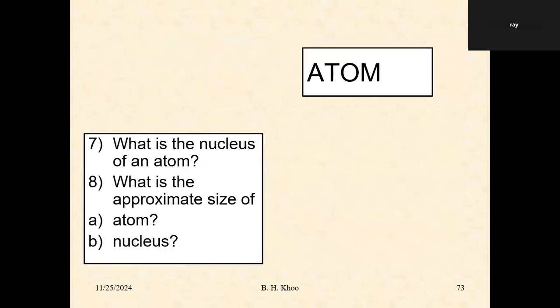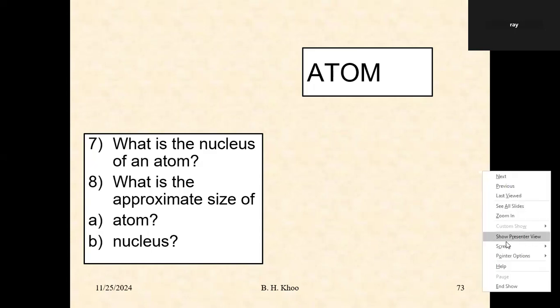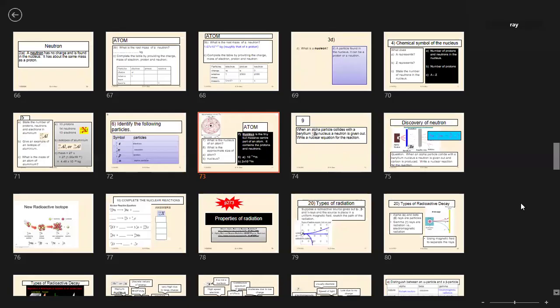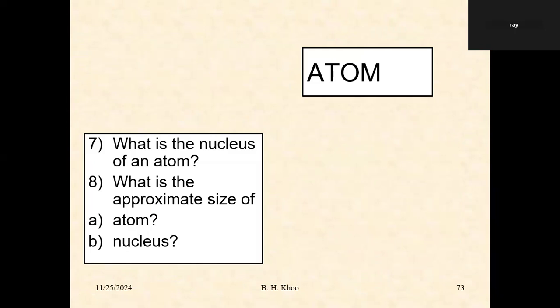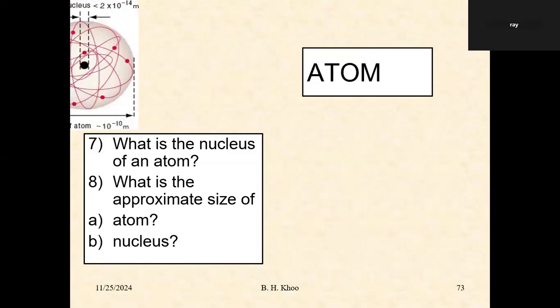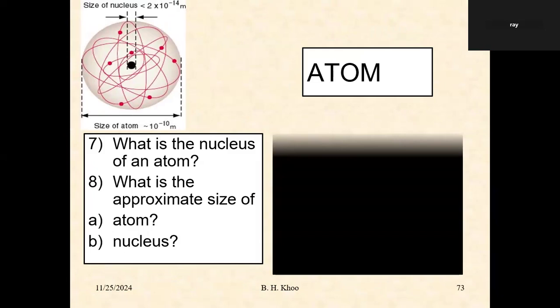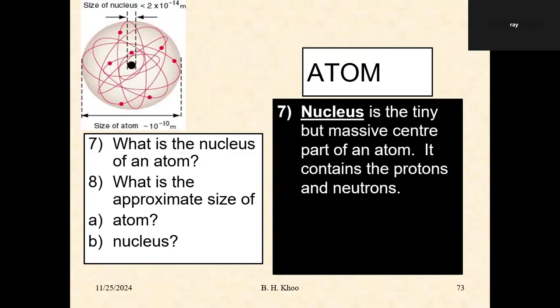What's the nucleus of an atom? It's a tiny but massive center part of an atom, containing protons and neutrons.